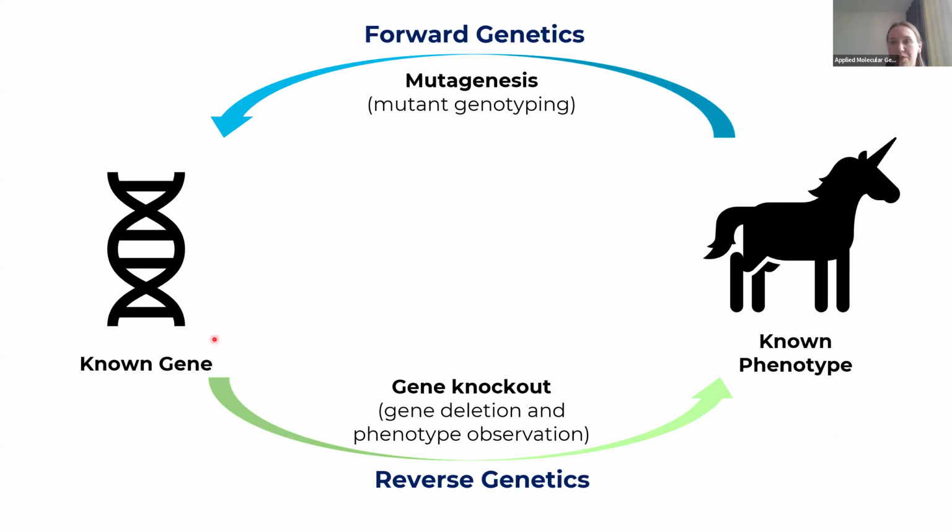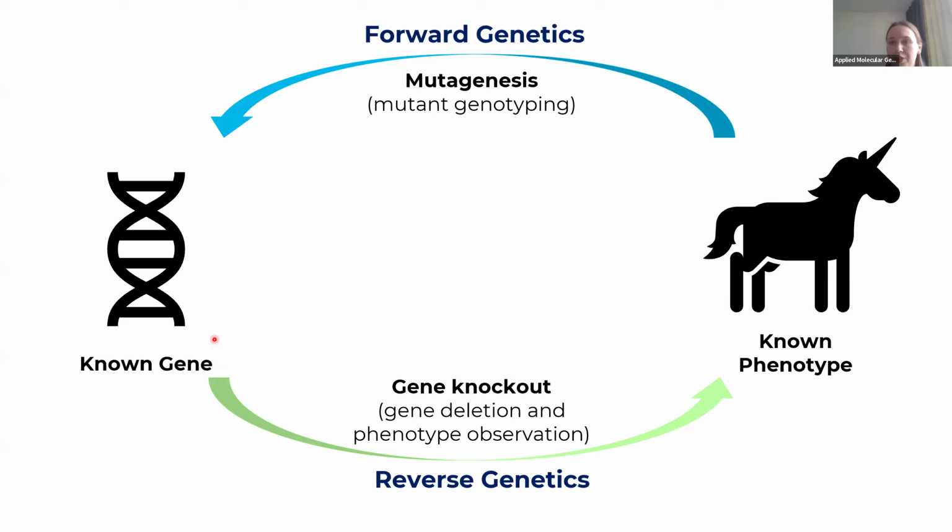Okay, and here we use something called reverse genetics, which is almost like reverse engineering. We start with a specific gene of interest, identified using bioinformatics. Then we usually create a loss-of-function mutant by deleting the gene from the genome, and then we observe changes in the phenotype.